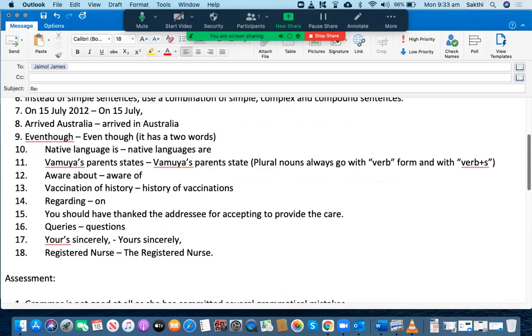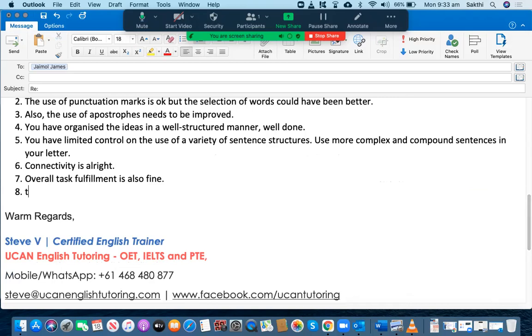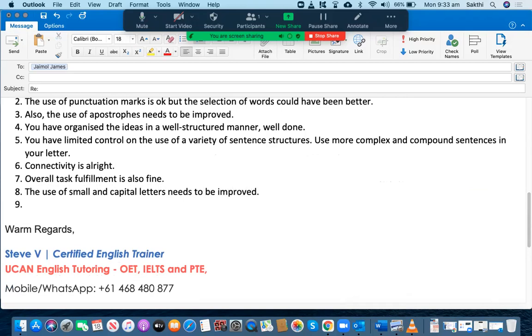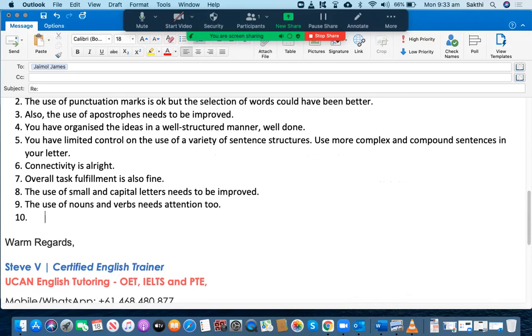Okay. So the use of small and capital letters needs to be improved. The use of nouns and verbs needs attention too. Okay, so overall, the grammar isn't that good.